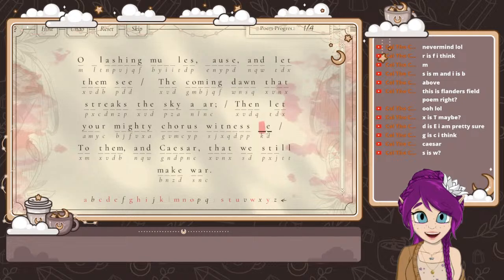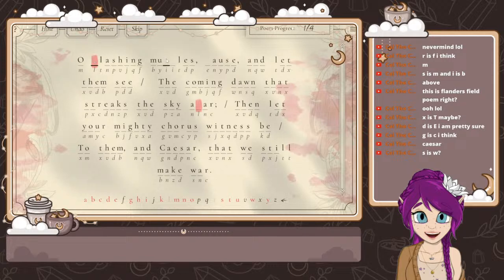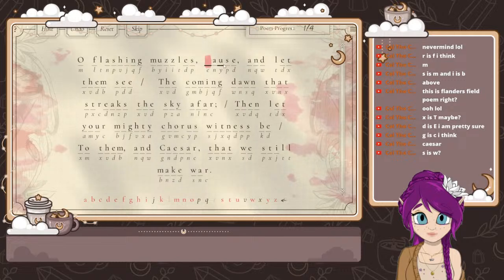Your mighty chorus witnesses B? B. Oh. Flashing muzzles. Pause.